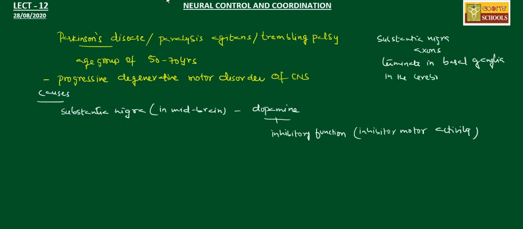These basal ganglia secrete another neurotransmitter, acetylcholine, and that has an excitatory function.